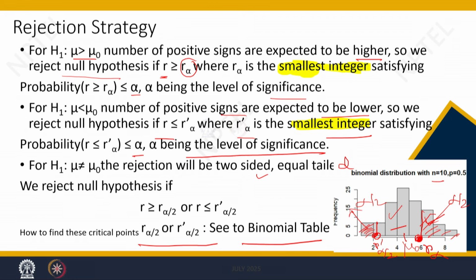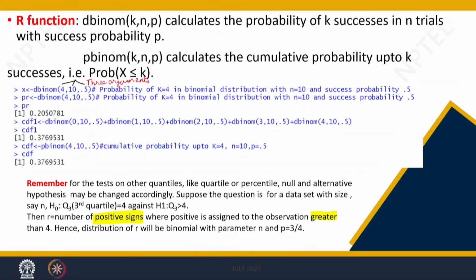Remember, we have already seen that r follows a binomial, or else you can see the R function dbinom(k, n, p), which calculates the probability of k successes in n trials.